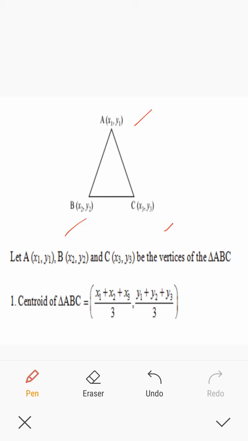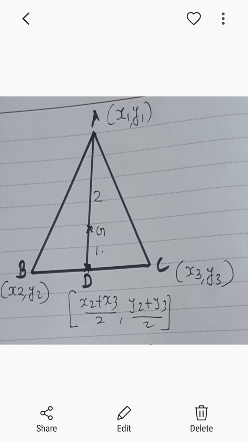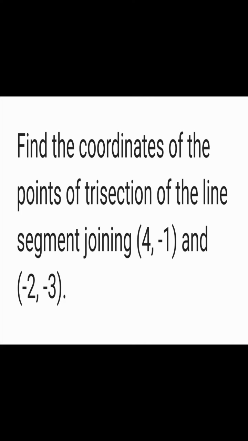So the centroid G will be here somewhere. The centroid of triangle ABC is ((x1 plus x2 plus x3) by 3, (y1 plus y2 plus y3) by 3). So study it well.